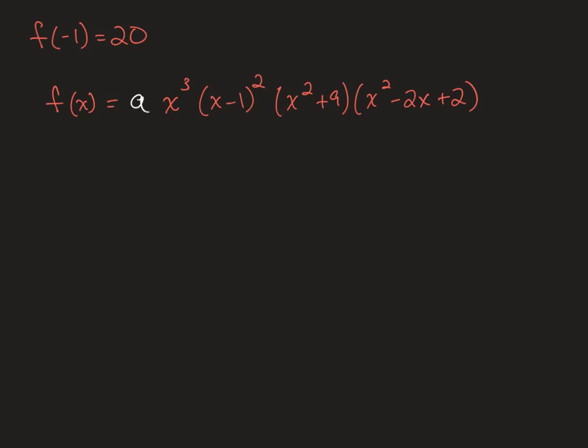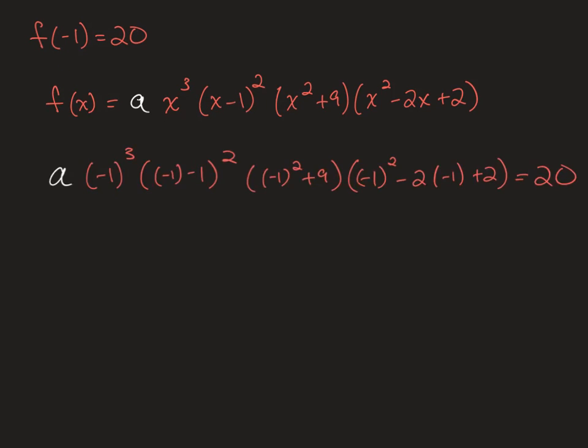And then we can set the entire expression equal to 20, because that's what you should get when you substitute negative 1 in for all the x's. So it'll look like this. Substitute negative 1 in for all the x's, one, two, three, four, five times.